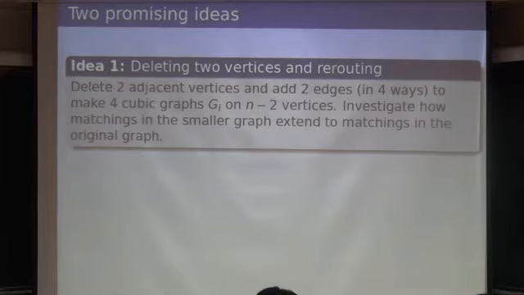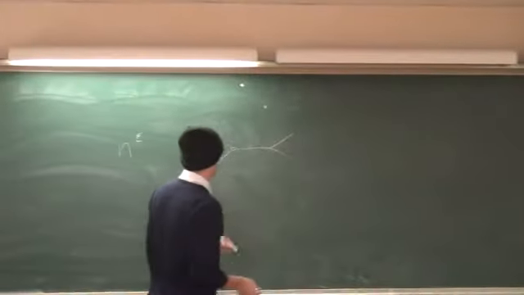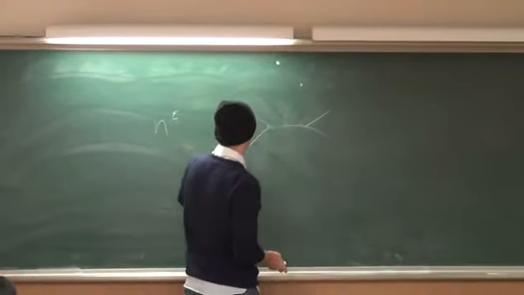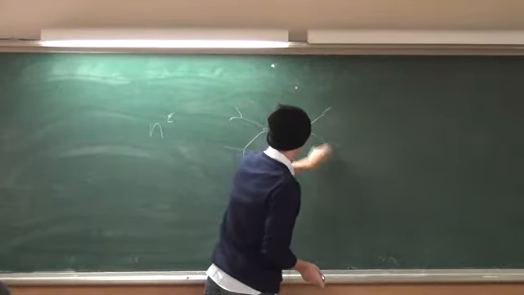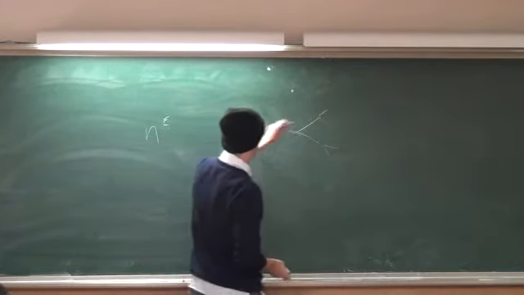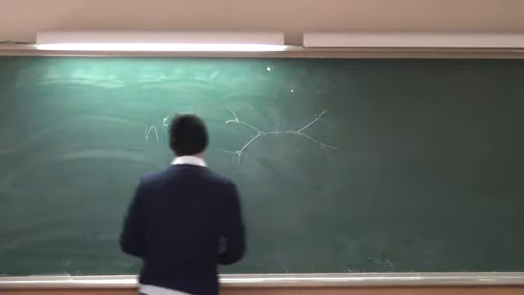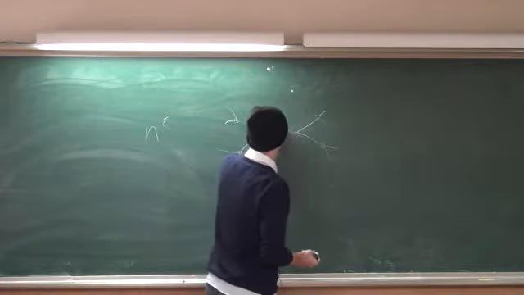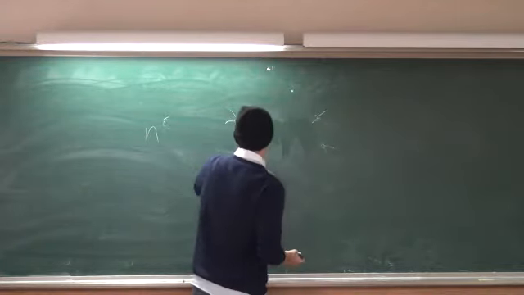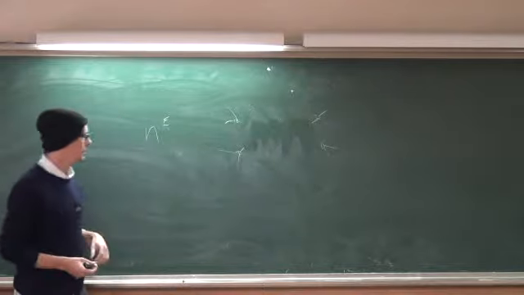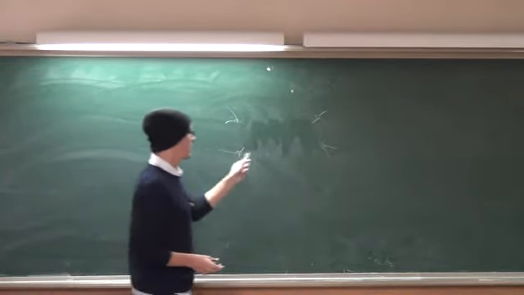There are a couple of ideas that immediately come to mind when you start working on this problem. One of them is deleting 2 vertices. You take 2 adjacent vertices and delete them, and then you've got a graph in which everybody has degree 3 except these 4 vertices that have degree 2.